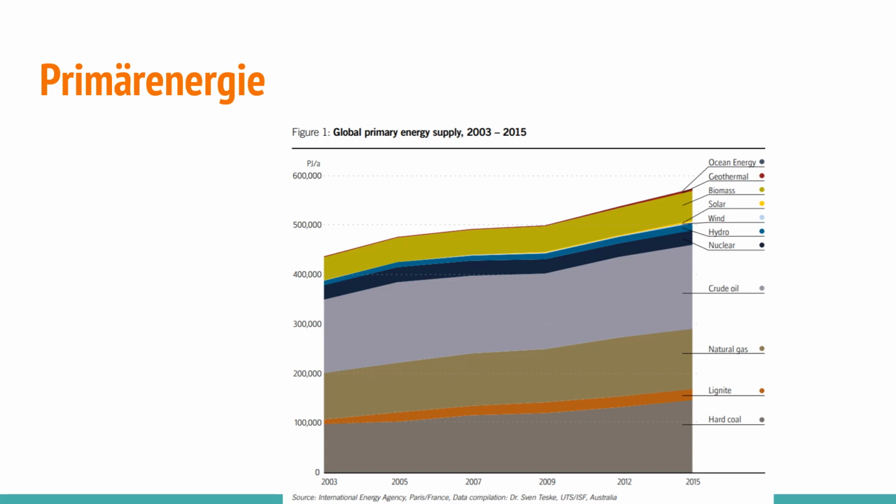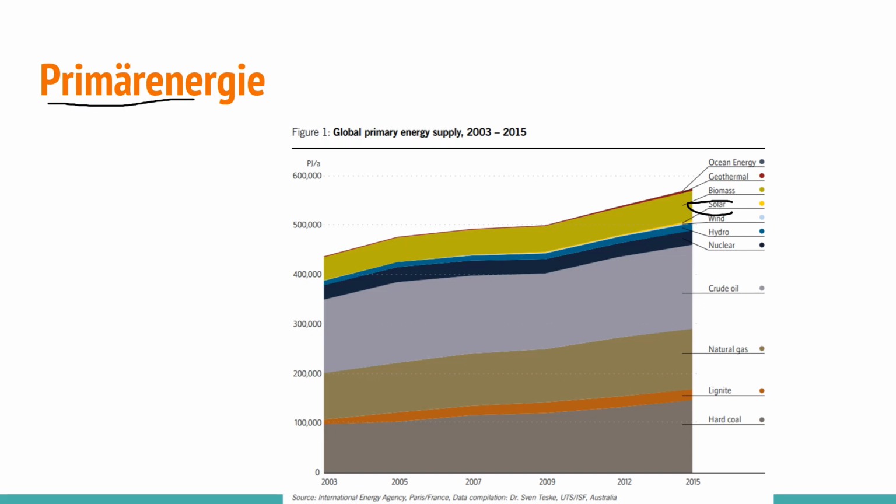There is a glimpse of solar and there is biomass, but it is traditional biomass more or less, that is constant over time. It is more or less wood burned in the third world. Ocean energy and geothermal don't play any role, and it's hard to see hydro. Why are they now so small?